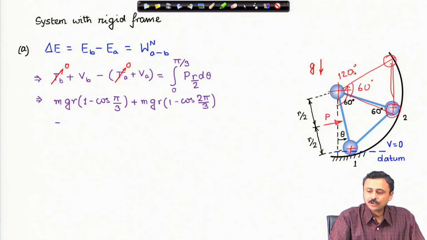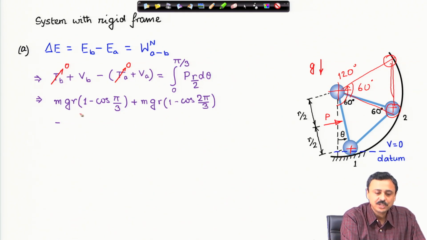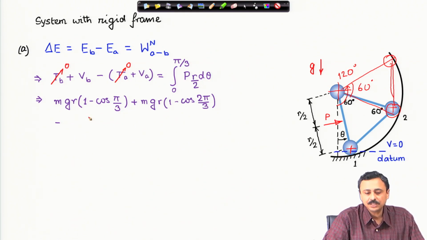The potential energy of the individual mass particles you can write down. For the lower mass particle, it is mgr(1 minus cosine of pi by 3). For the upper mass particle 2, it is mgr(1 minus cosine of 2 pi by 3). 2 pi by 3 is 120 degrees, because the second particle reaches this level.